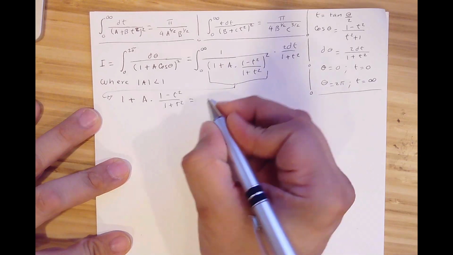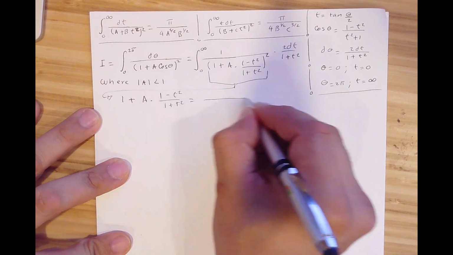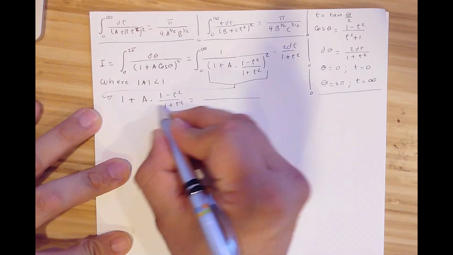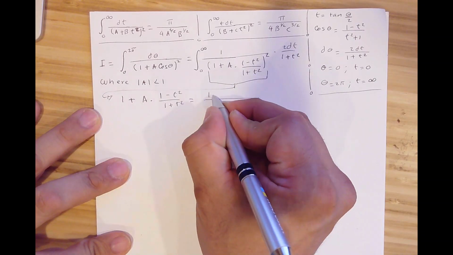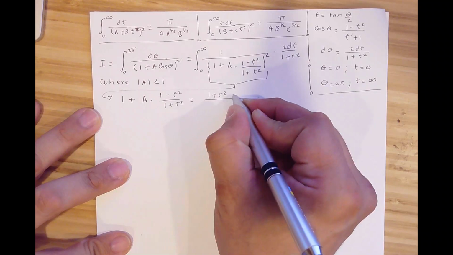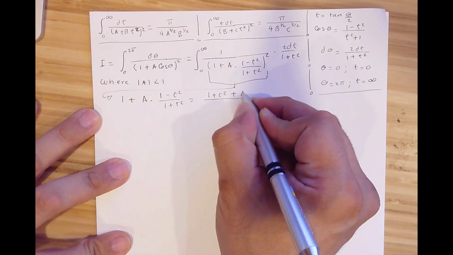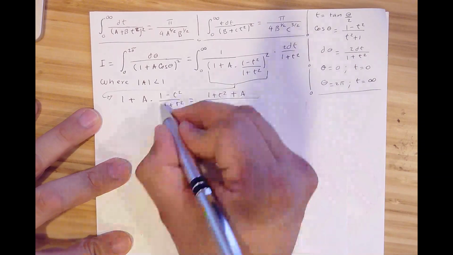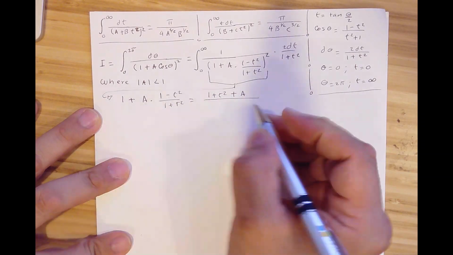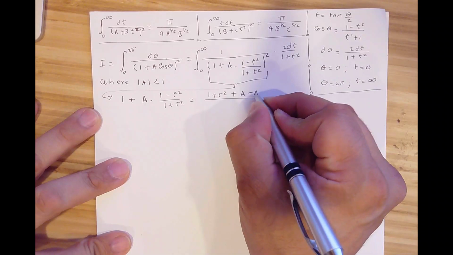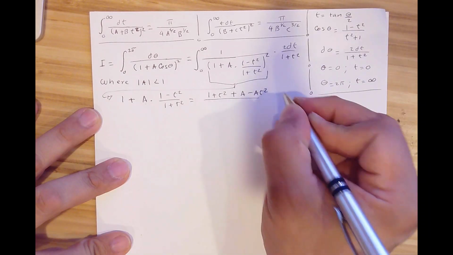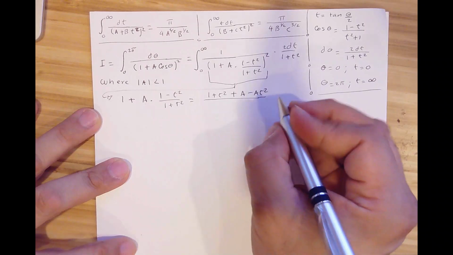This is equal to, this part I have to multiply by the 1, so we have 1 plus t squared plus a times 1 minus t squared, right?